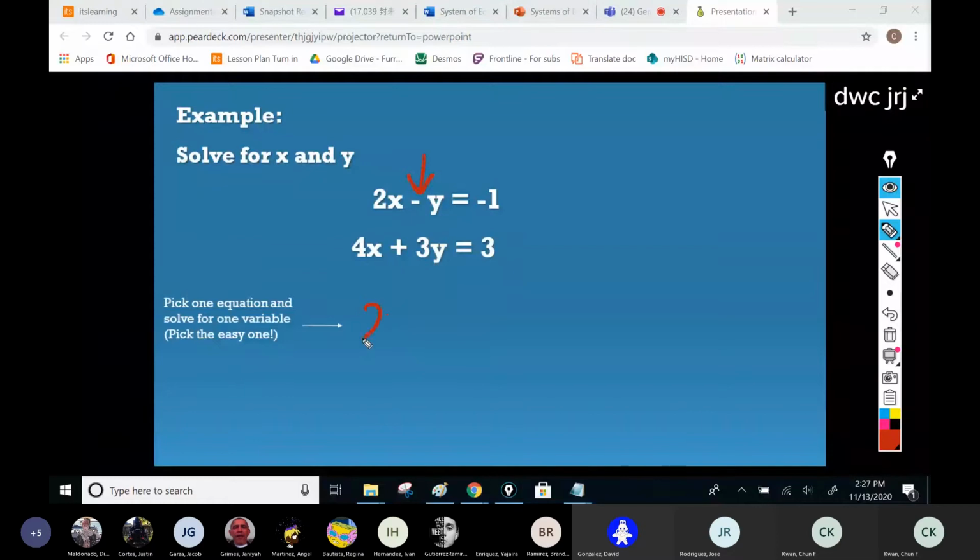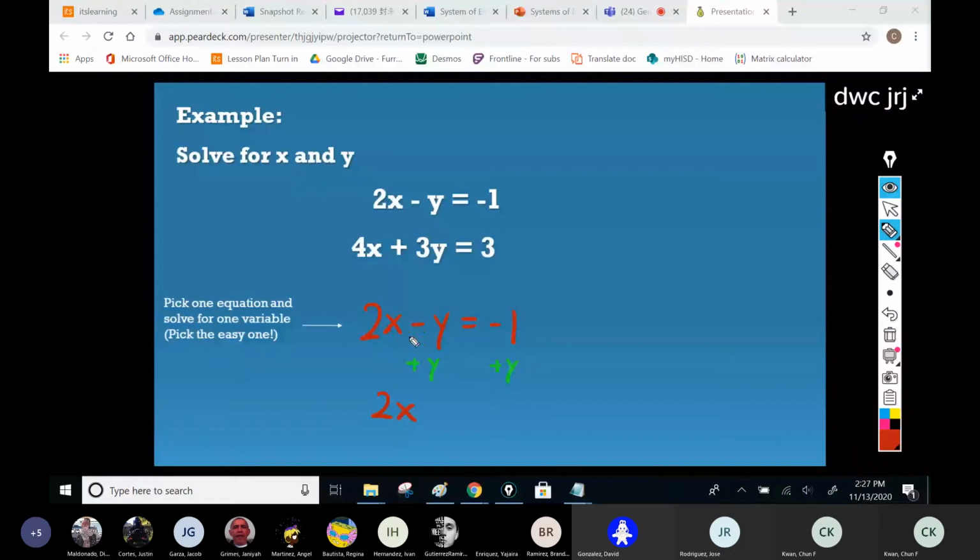So I'm going to pick this first equation and I will solve for y. When I say solve for y, I mean I want y to be alone and everything else on the other side. So I'm going to add y on both sides, plus y on the left, plus y on the right.